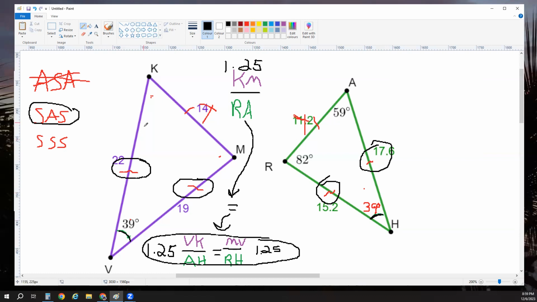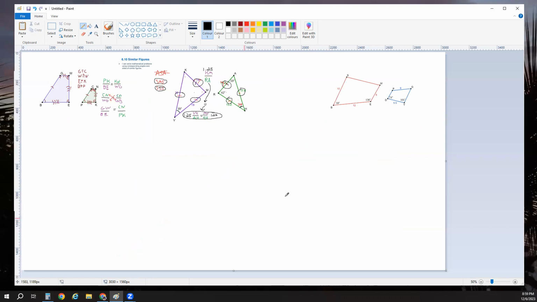That they're similar, but we also know that all these three sides are similar. So by side similarity, we know that's true as well. So more than enough information to know that these two triangles are similar triangles. All right. Moving on to the last one.